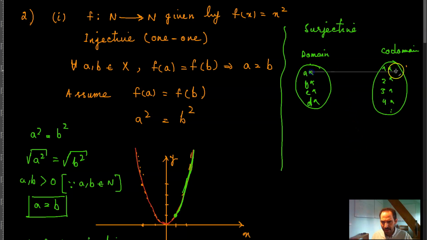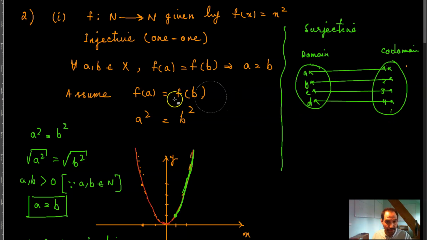So suppose that A is mapped to 1, B is mapped to 2, C is mapped to 3, and D is mapped to 4. Now if that is all the elements that you have, then of course in this case f is injective, as we talked about before.